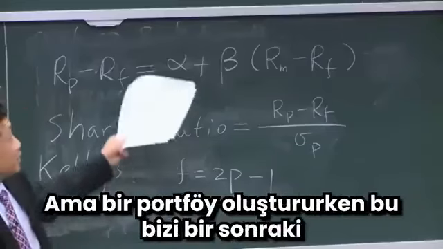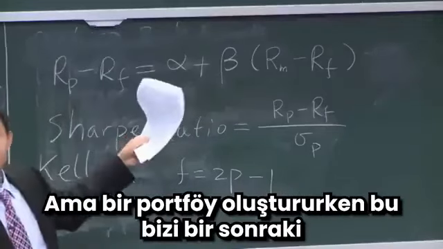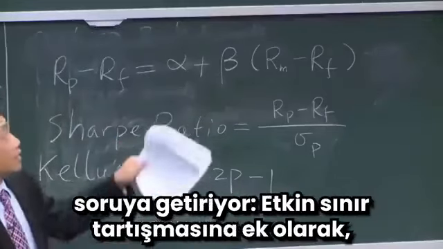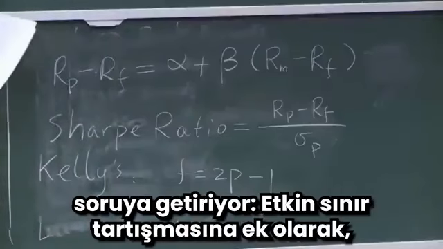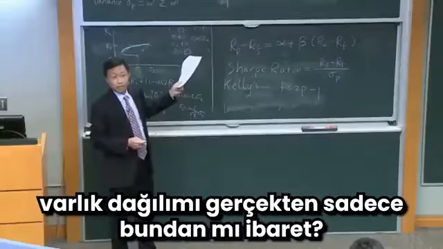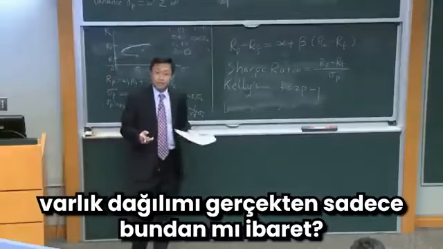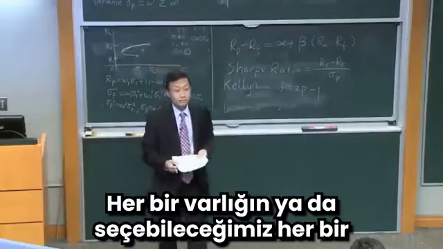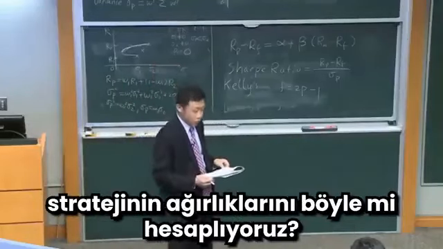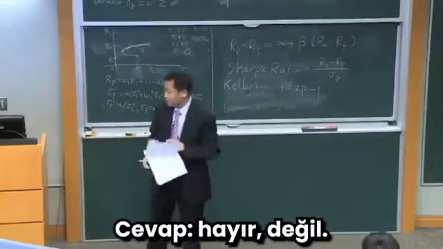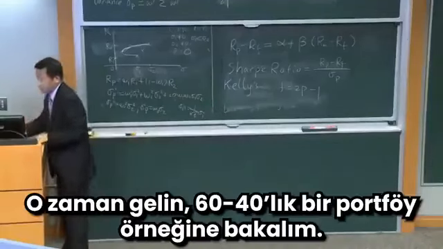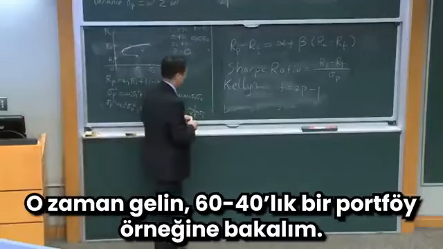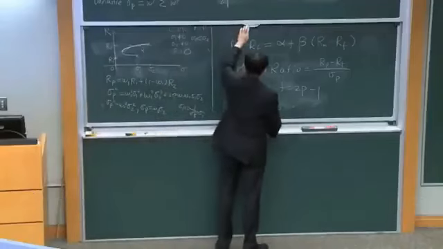But when you construct a portfolio, this leads to the next question: in addition to the efficient frontier discussion, is that really all about asset allocation? Is that how we calculate the weights of each asset or strategy to choose from? The answer is no. So let's look at a 60-40 portfolio example.